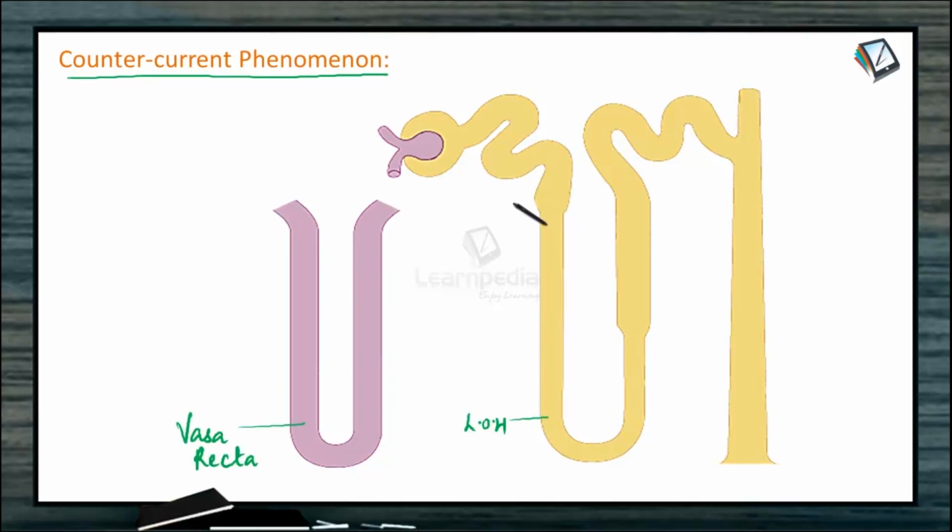As we have seen, till the proximal convoluted tubule, the ultrafiltrate is isotonic to the blood, which is 300 milliosmoles. As it flows down through the descending limb, which is permeable to water, 65% of water was reabsorbed from the proximal convoluted tubule and 15% from the descending limb of the loop of Henle.